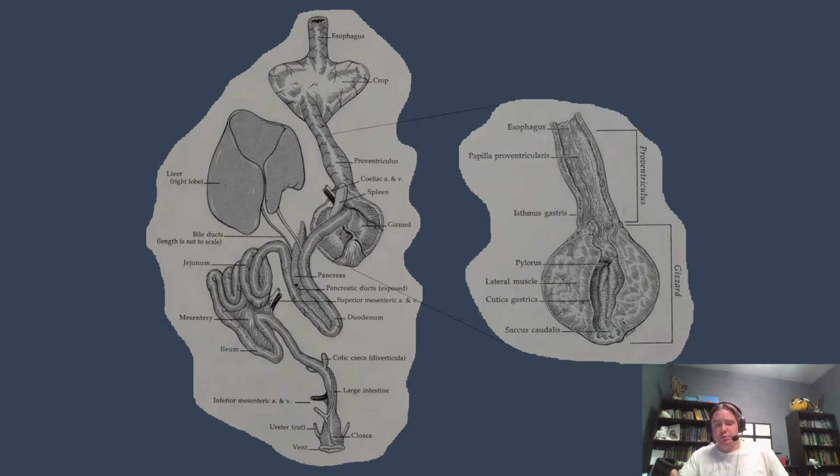It's picking nutrients up into the bloodstream and fats into the lymphatic system, and it is made up of three parts that you can see there: the duodenum, the jejunum, and ileum, and ultimately it ends in the ceca, or caecae, I should say, which are of various designs. They can be quite elaborate and large. They can be small. They can be non-existent. It really depends on the bird.